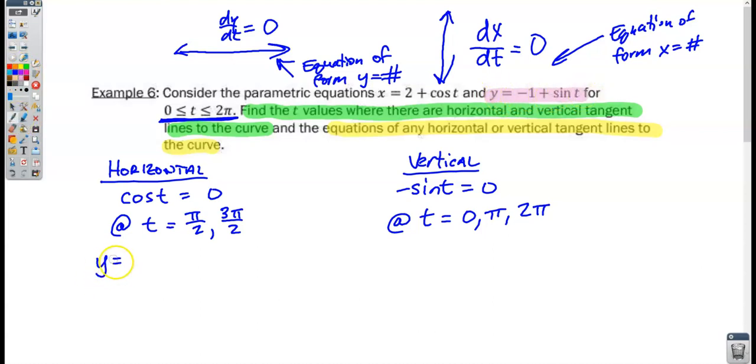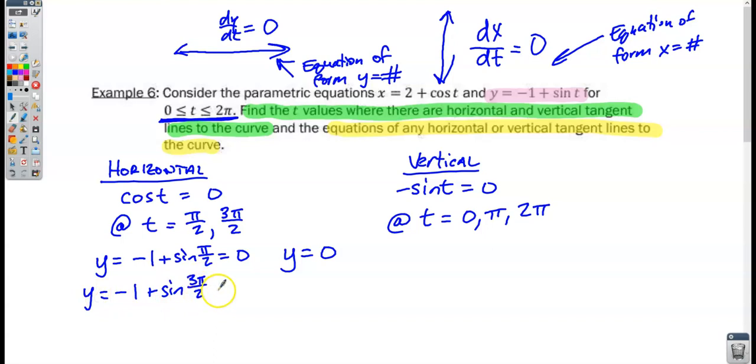So we've got y equals negative 1 plus the sine of pi over 2. That's equal to 0. So y equals 0 is a horizontal tangent line. And we've got y equals negative 1 plus sine of 3 pi over 2. That's equal to negative 2. So y equals negative 2 is a horizontal tangent line.